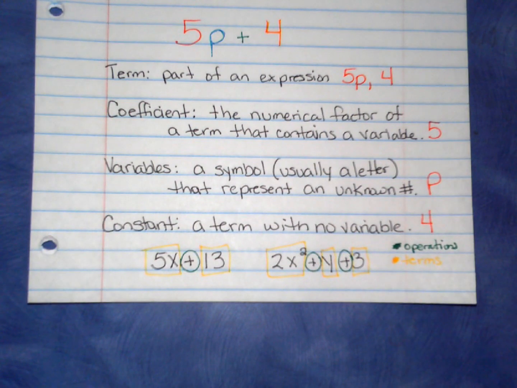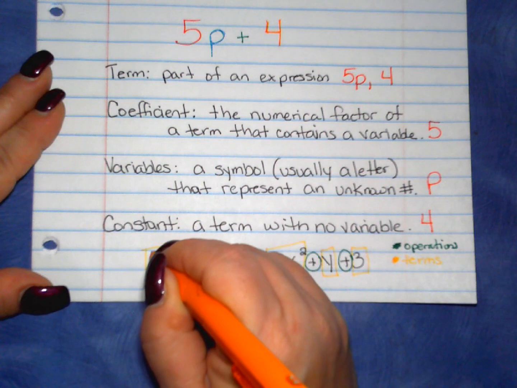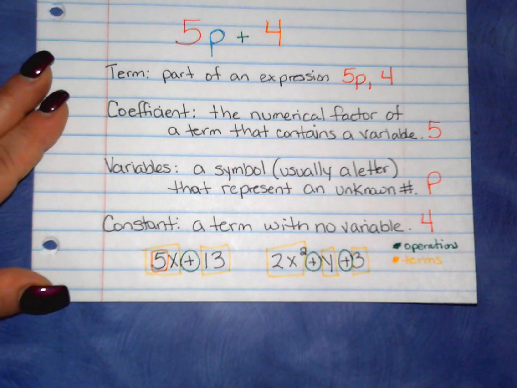Okay, so I'm going to take orange now. And now I'm going to find those coefficients. Remember, the coefficients are the factors, the numbers that are attached to a variable. So right here is a coefficient. I'm going to put a smaller rectangle around it.